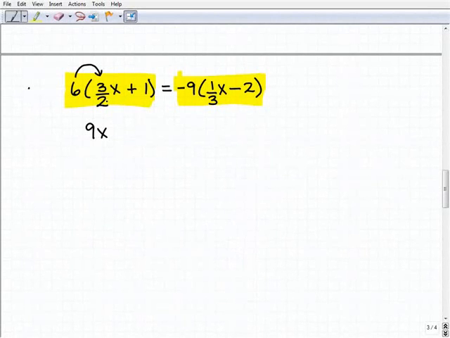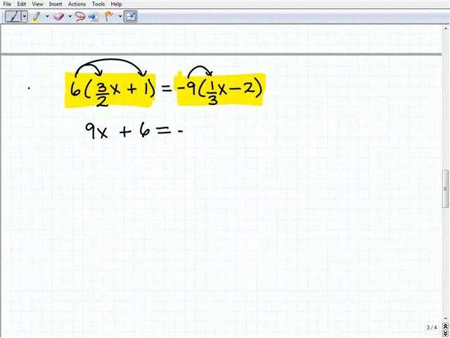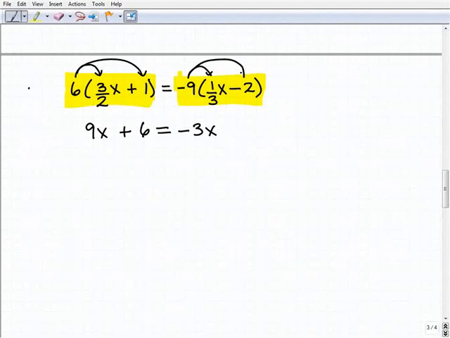6 times 3/2 x is 9x, plus 6 times 1 is 6. That's going to be equal to -9 times 1/3, which is going to be a -3x. And I got that's -9 times this -2. That's going to be a +18. Okay, so looking to combine like terms on the left and right hand side, there's nothing to do.